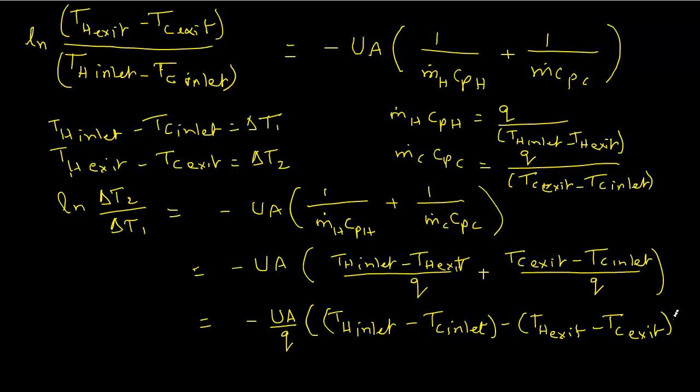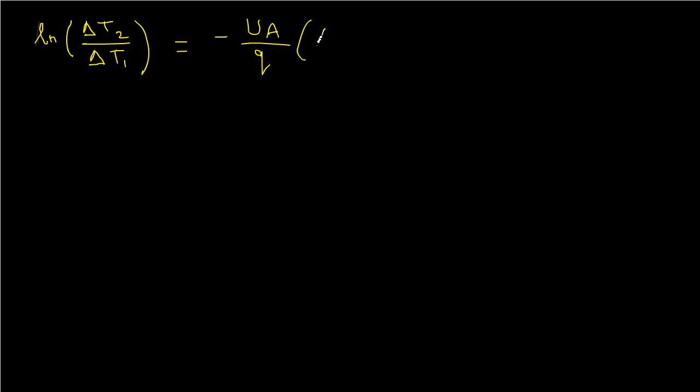Note that in the right hand side, Th inlet minus Tc inlet is delta T1 and Th exit minus Tc exit is delta T2. So now we have natural log of delta T2 over delta T1 equals minus UA over Q, and in parentheses we have delta T1 minus delta T2 for the inlet and the exit conditions.